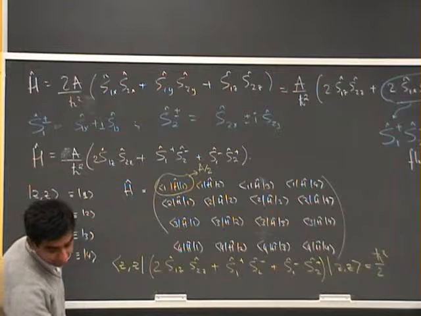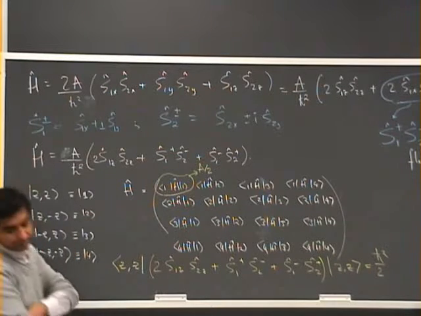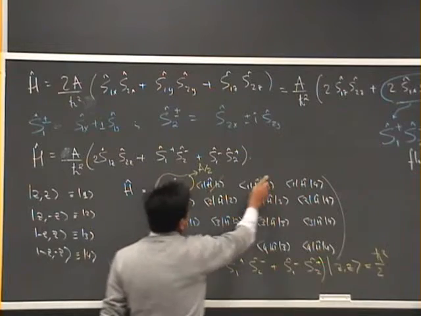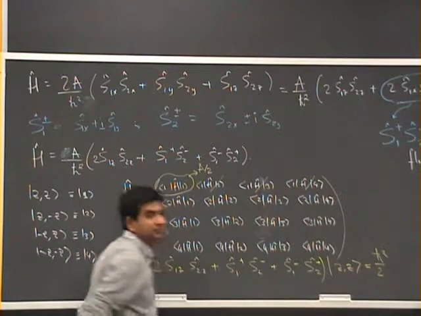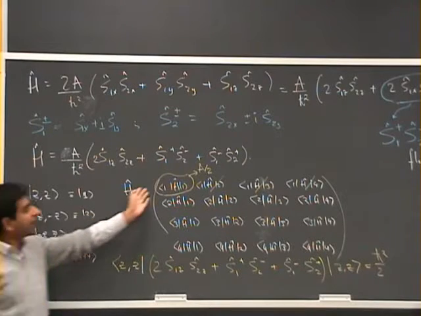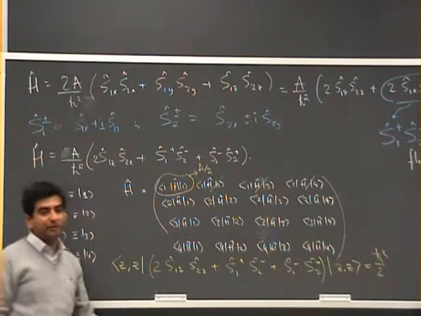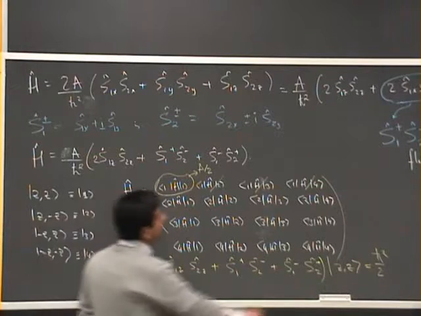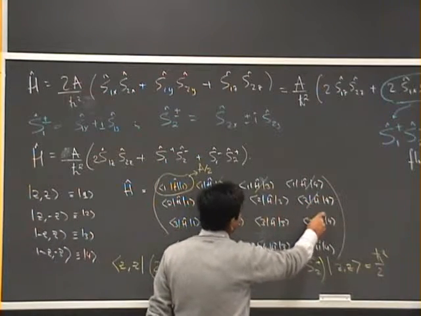This term will be 0, 0, 0. I only need to find the top triangular matrix because the Hamiltonian is Hermitian anyway. This will also be 0, you can work this out yourself. This will be 0.